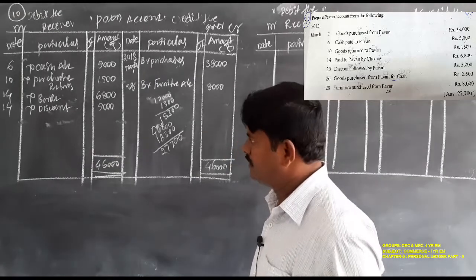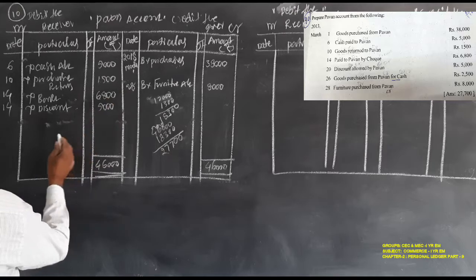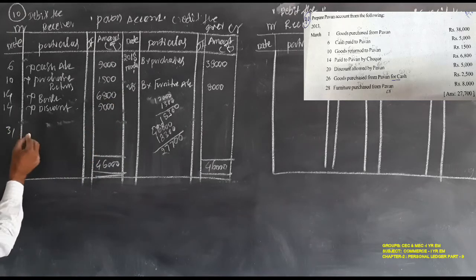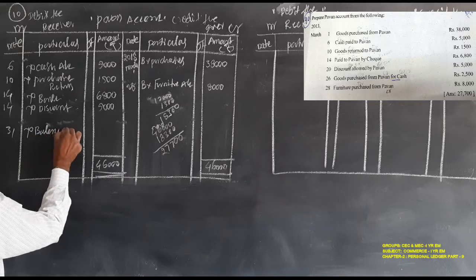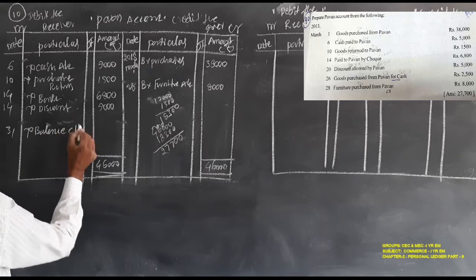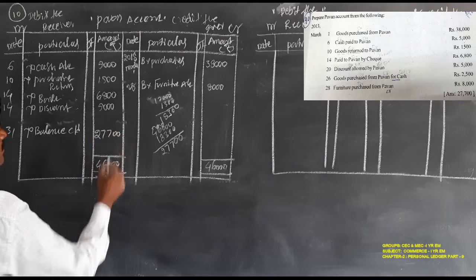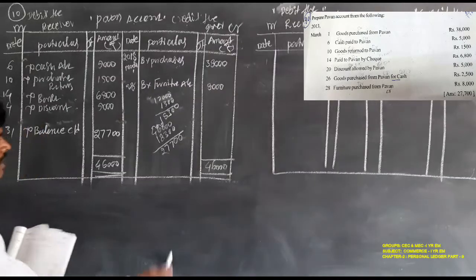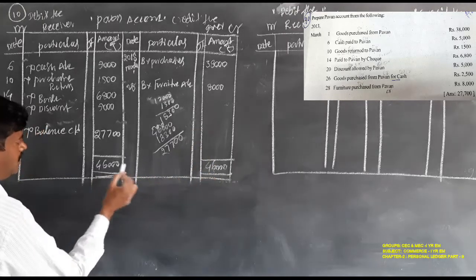27,700 rupees. So, what is the last date? March 31st, to balance carried on, 27,700 rupees. First of all, total the highest amount, the same amount will be recorded in the total column.